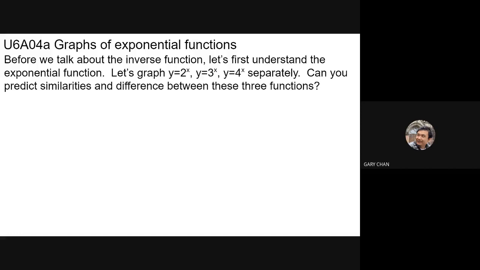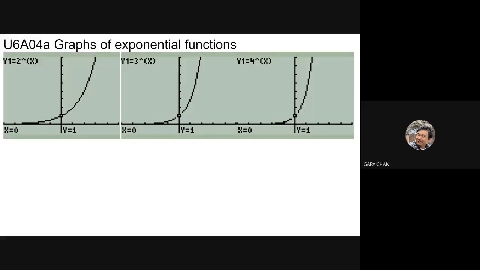Looking at this, you should be able to see that y equal to 4 to the x should be the fastest growing exponential function. When you graph it, this is the end result of what you should get. 2 to the x is the slowest, quote unquote, in growth, 3 to the x is right in the middle, and then 4 to the x is the fastest, and we can see that.